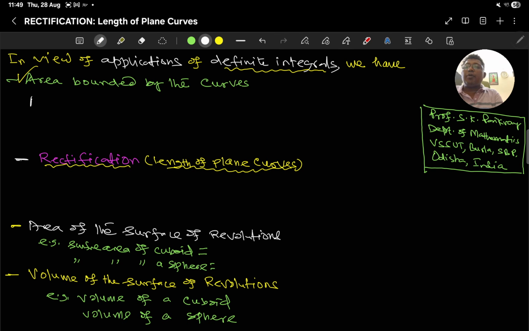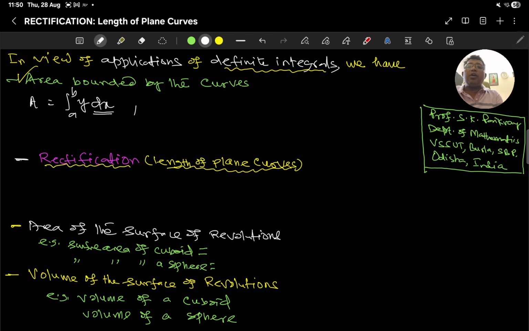Right. The area, what is the formula? The area is integral a to b y dx, the area bounded between the curve y equals f(x) and between the ordinates, that is the points of the abscissa.